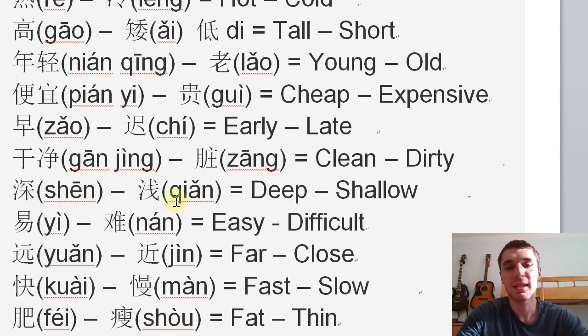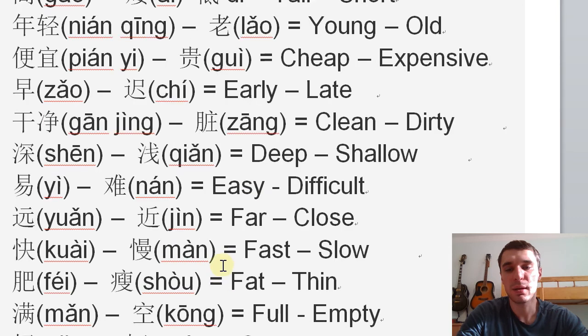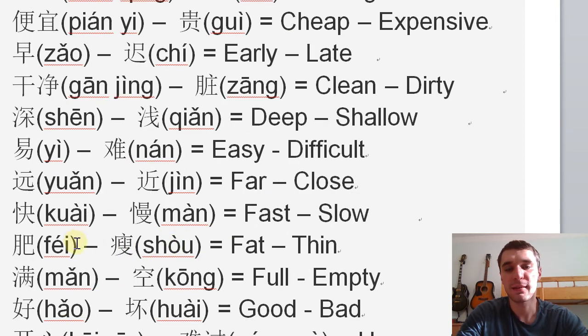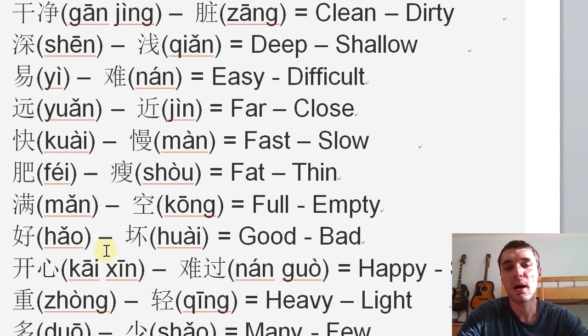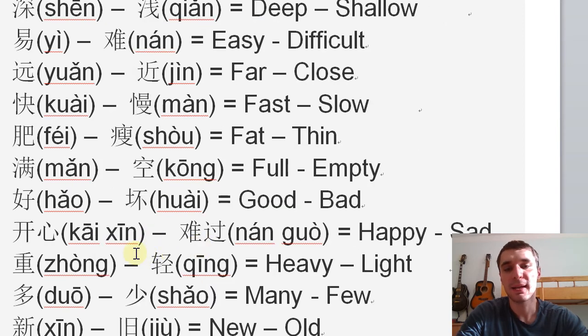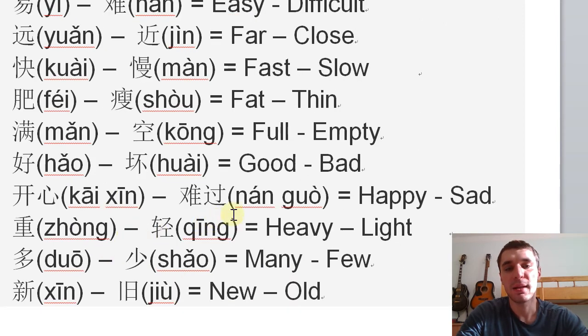深 deep. 浅 shallow. 易 easy. 难 difficult. 远 far. 近 close. 快 fast, 慢 slow, 肥 fat, 瘦 thin, 满 full, 空 empty, 好 good, 坏 bad, 开心 happy, 难过 sad, 重 heavy, 轻 light, 多 many, 少 few, 新 new, 旧 old.